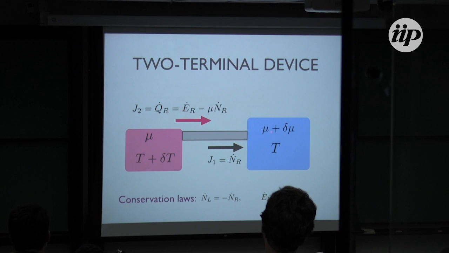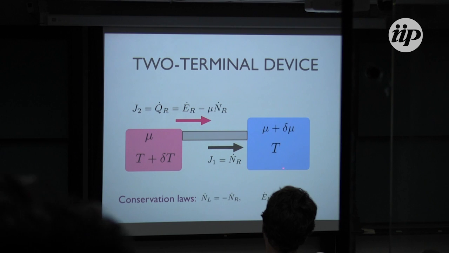At these reservoirs, we apply a difference of chemical potential, and we can also apply a difference of temperature. And in this way, we have a heat flux from the hot place to the colder one, and also an electrical flow. In order to formulate the theory, we have to take into account some fundamental laws.